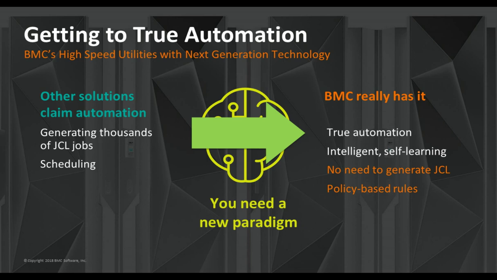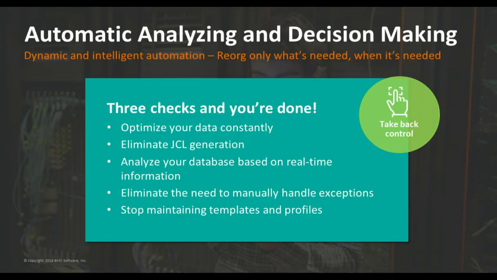When we say automation, we mean never generating JCL. We mean setting your policies of when things should be done, why they should be done, how they should be done, and running the same job every single day, running it 3 times a day, whatever that means.